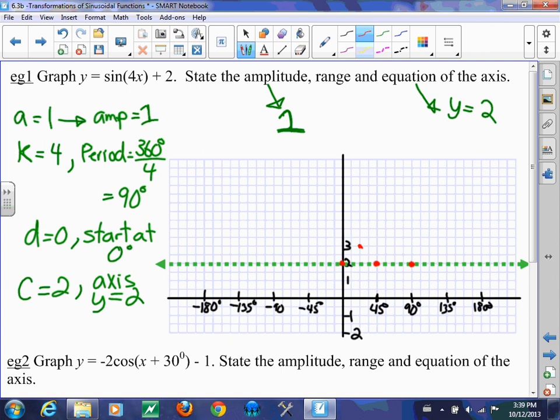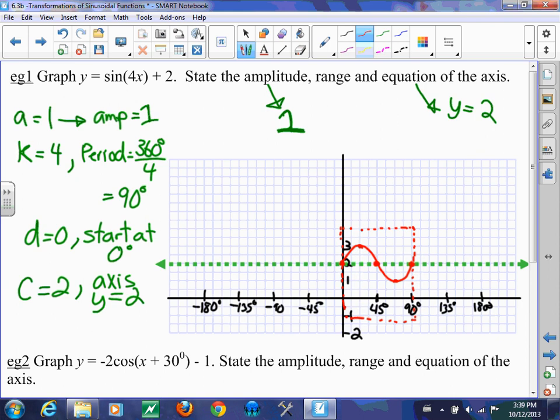And between 45 and 90, I've got to get to my minimum, which is 1. Because my amplitude is 1, right? So ladies and gentlemen, there is one cycle of this function. So I've just drawn one. I like to put the box in. That's our starting point, our end point.